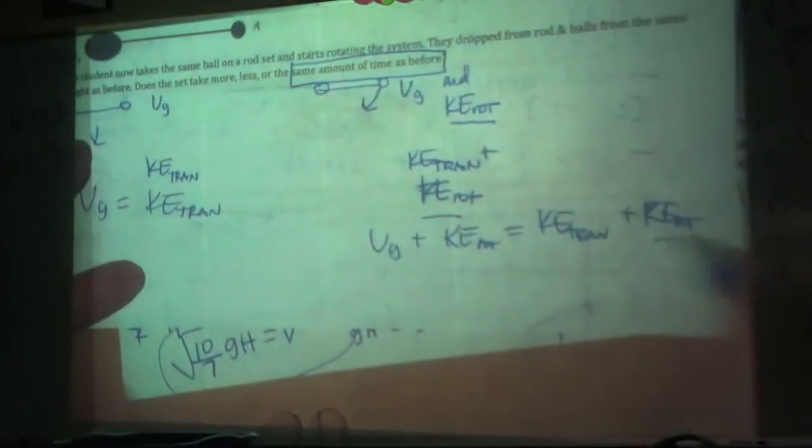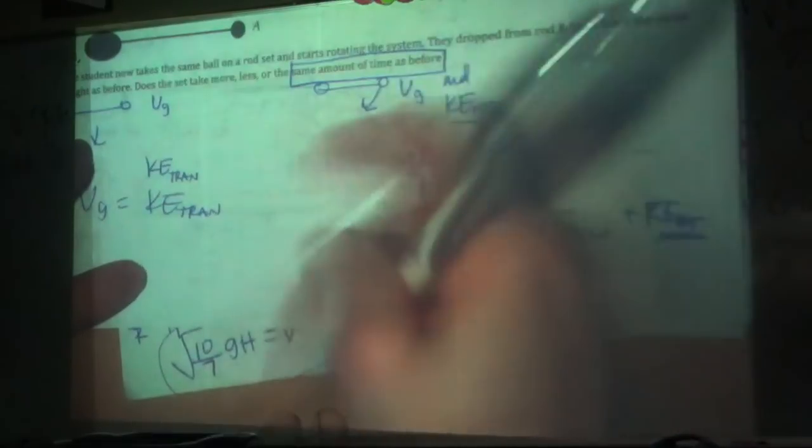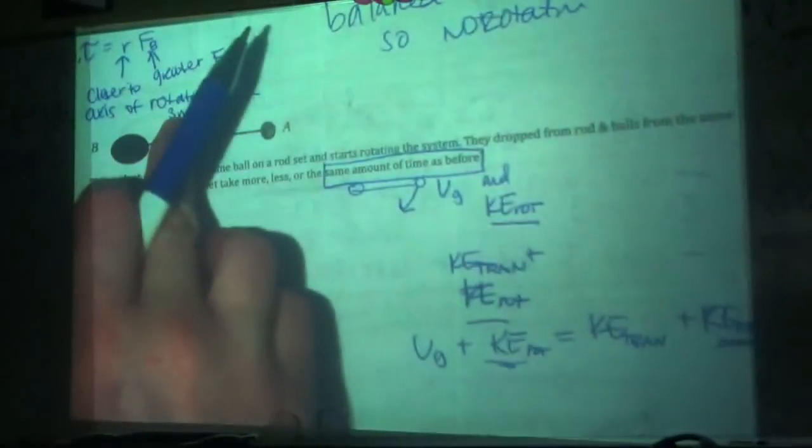And then assuming that it didn't angularly accelerate because the torques are balanced, right? It would rotate around its center of mass if it's just being dropped, even if it's rotating, because it was already started rotating. It would go around its own center of mass, so it's not going to have any net torque. So let's say I started rotating, it'll just continue at its same speed because there's no torque accelerating it.